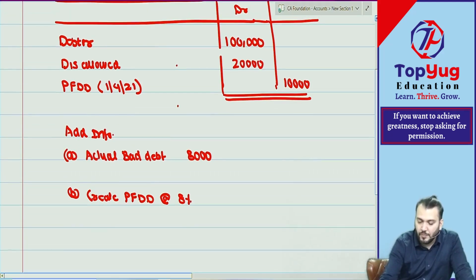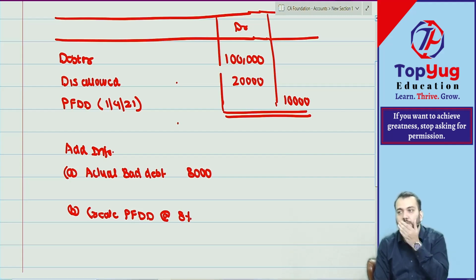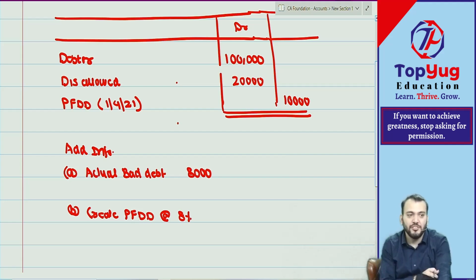Do it. Means you need to prepare the provision for doubtful debt account and extract the balance.